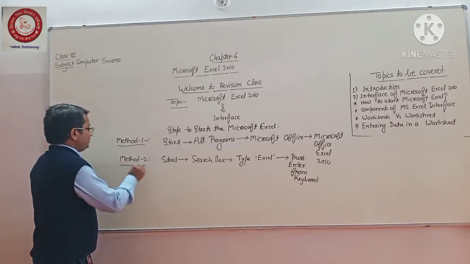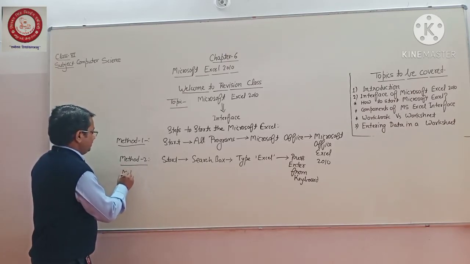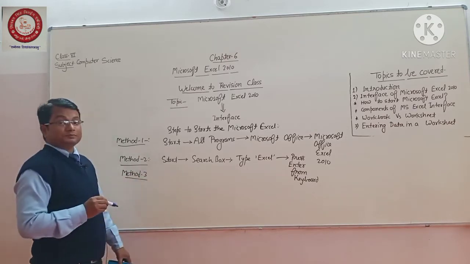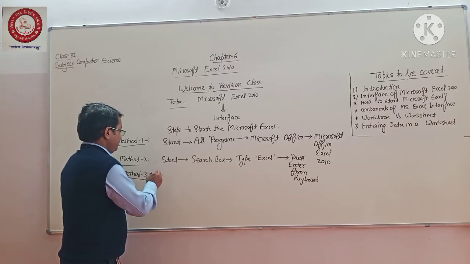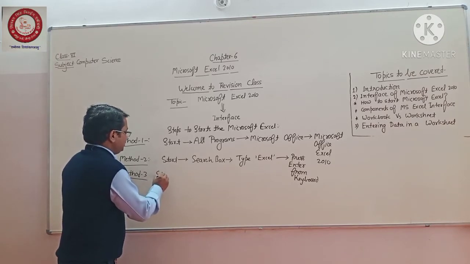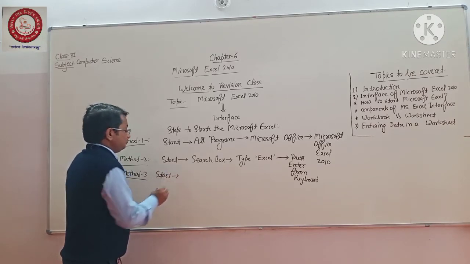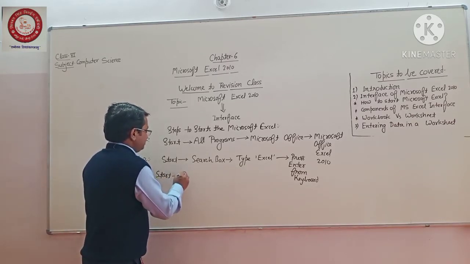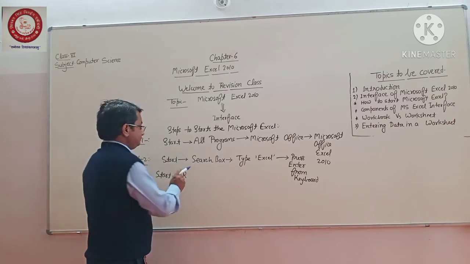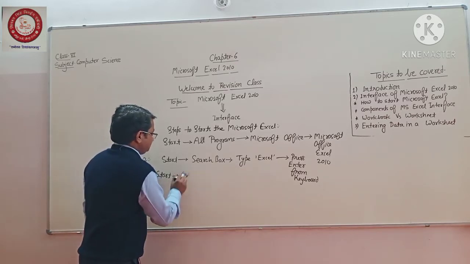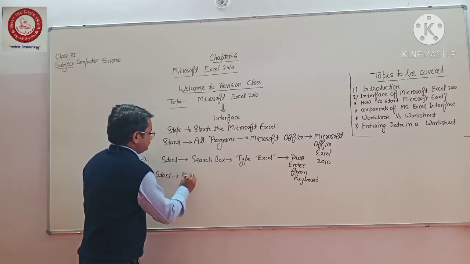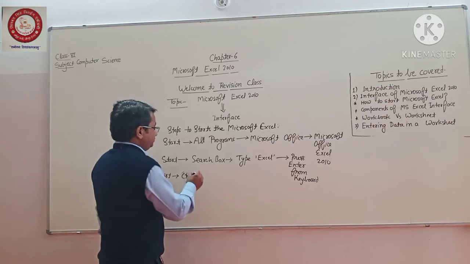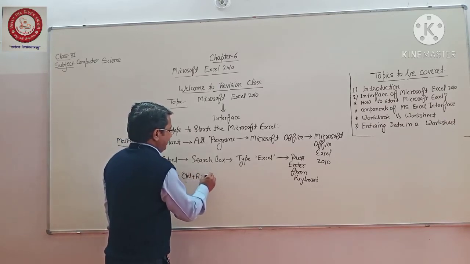Now let's come to method number 3. One more method is there. Click on the Start button, just press Ctrl R. Then Ctrl R will give you a kind of search box.